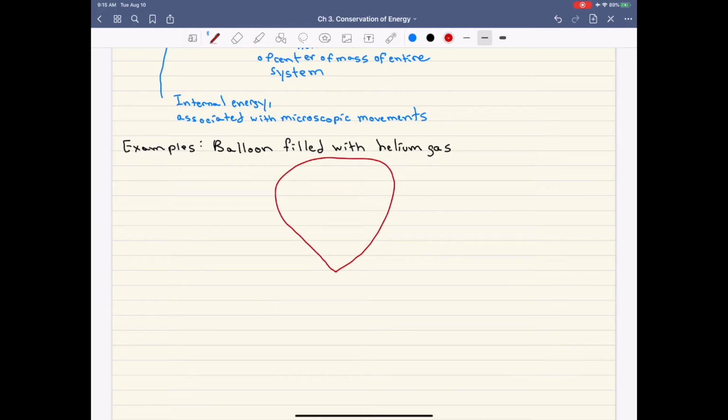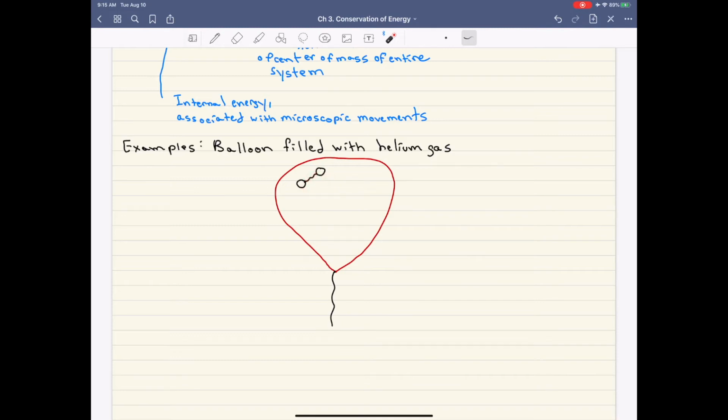It looks kind of like that, with a little string at the bottom. This balloon is filled with helium molecules. Helium molecules are diatomic, so each has two atoms connected by a bond.